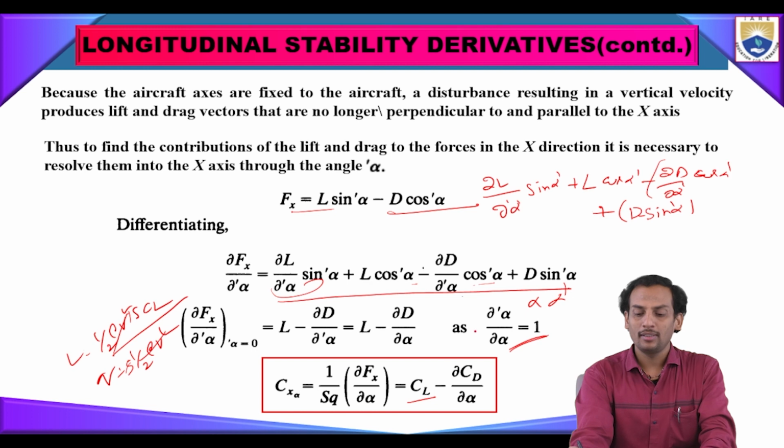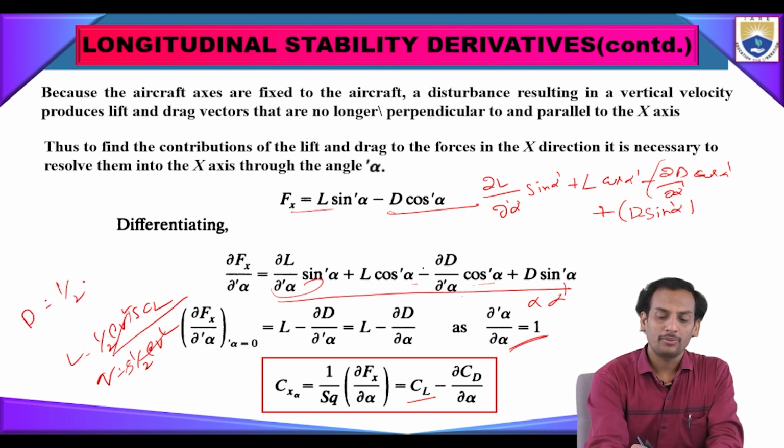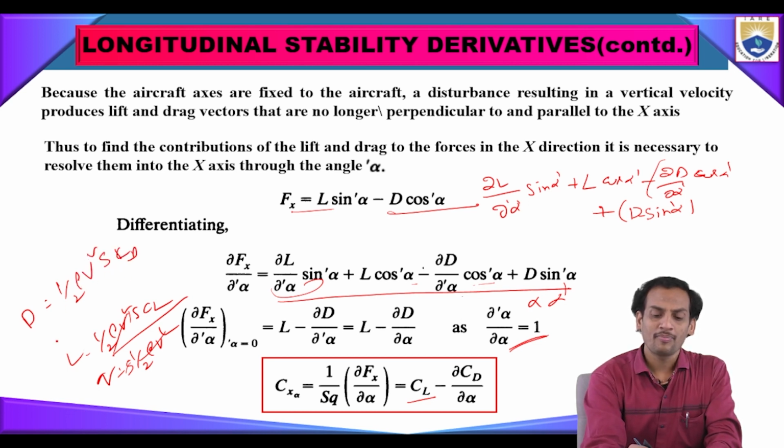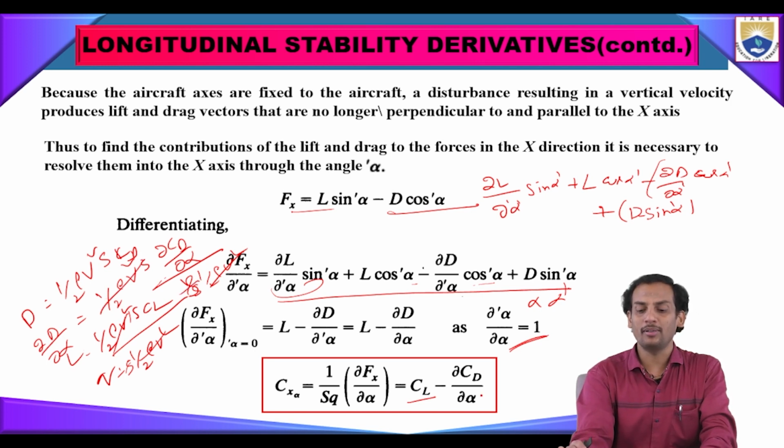And D will be half rho V square S CD, so ∂D/∂α will be half rho V square S ∂CD/∂α. Again dividing by 1 by SQ, which is half rho V square, the S will get cancelled, so ∂CD/∂α will be there.